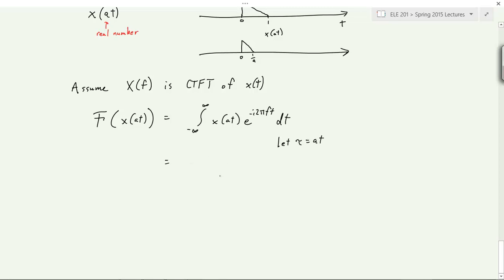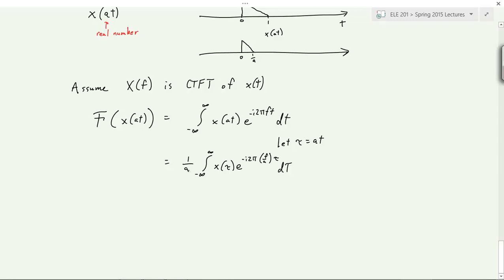And this is going to be the integral from negative infinity to infinity. And now it's going to be x of tau, but up here we get e to the negative i 2 pi f over a tau d tau. Oh, sorry. There's a 1 over a out front, right? Okay. So this is how you do a change of variables.